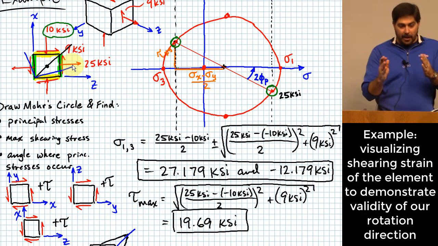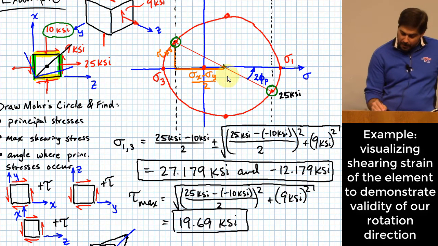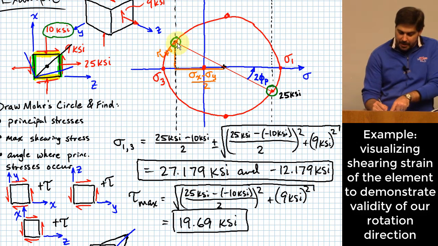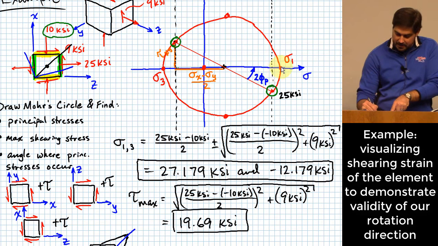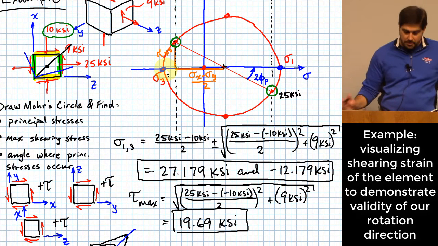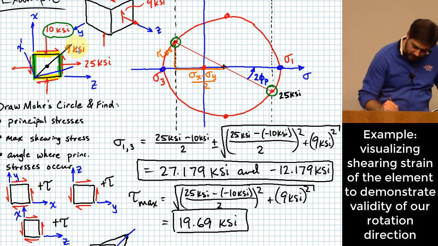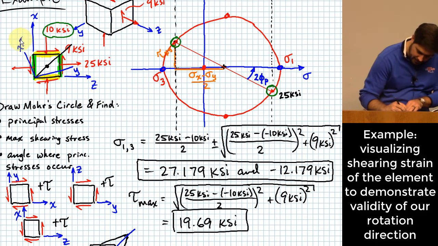Okay? Now, that corresponds perfectly with what I'm doing over here. I have to rotate this counterclockwise, right? I have to rotate from the state of stress I'm given. I have to rotate counterclockwise to get to the state of stress where I have my principal stresses. Just like here, I would have to rotate these axes to a new location here. Oh, and this was x. That one actually would be x prime, but this one over here would be z prime.